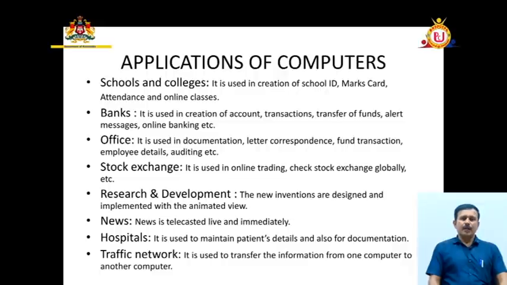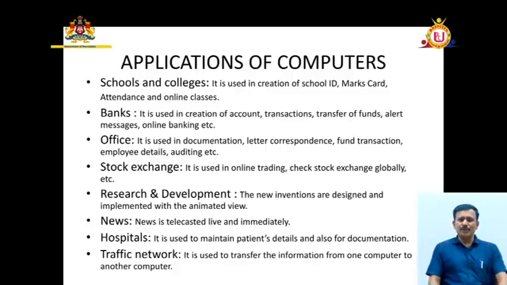Input devices are the devices used to transfer information from the user to the system. The most commonly used input devices are the keyboard and mouse. These are also called standard input devices. After transferring the data from the input device, it is processed in the processor, that is the CPU, central processing unit.